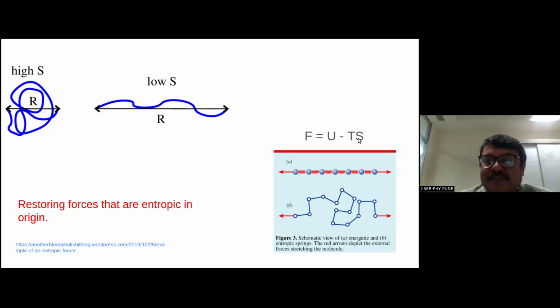If entropy decreases with the minus sign, free energy increases. And the system would try to decrease its free energy. Hence, it's this del F del X. Restoring forces are entropic in origin.